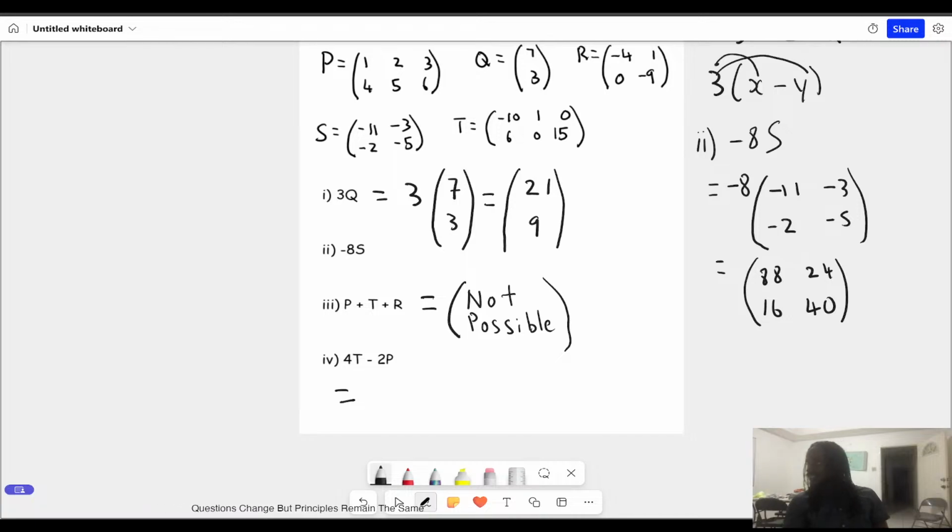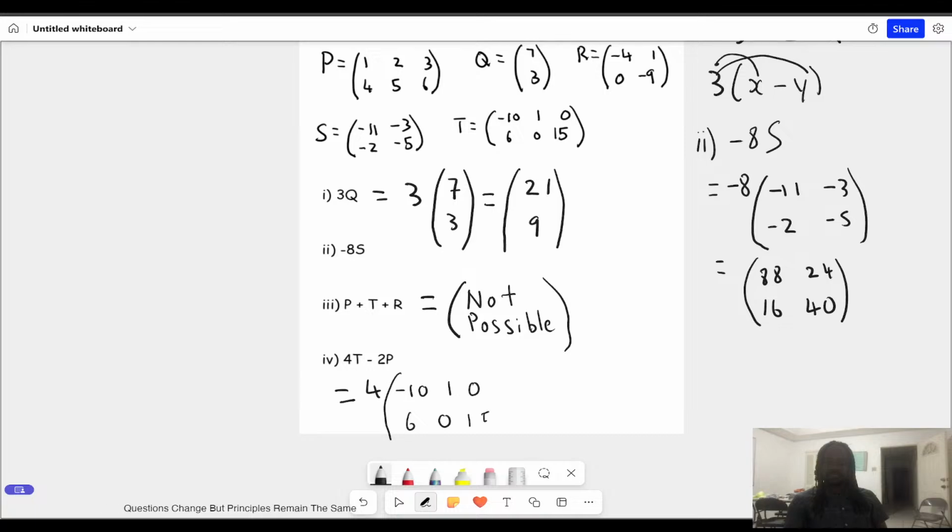Yes, alright. So since the orders are the same, can we add or subtract them? Can we work them? Yes. But remember, we have to subtract. Before we subtract, what are we going to have to do? Multiply. So we have to apply the scalar multiplication first.